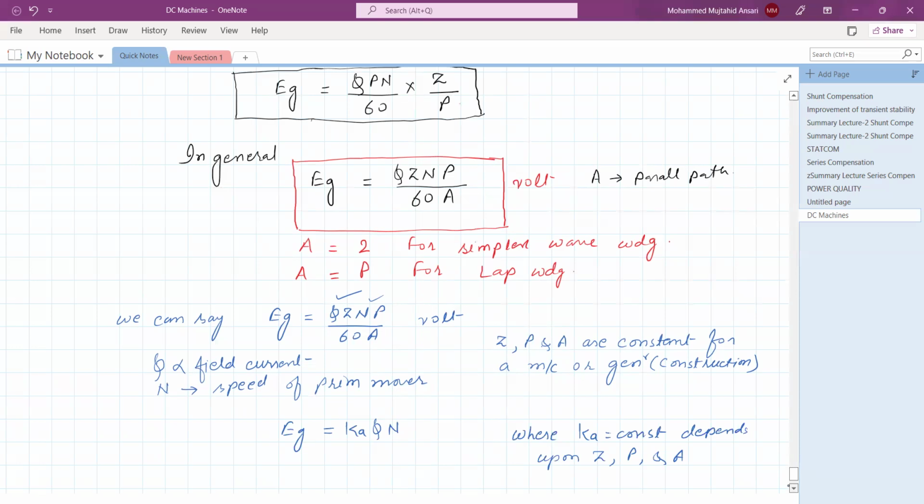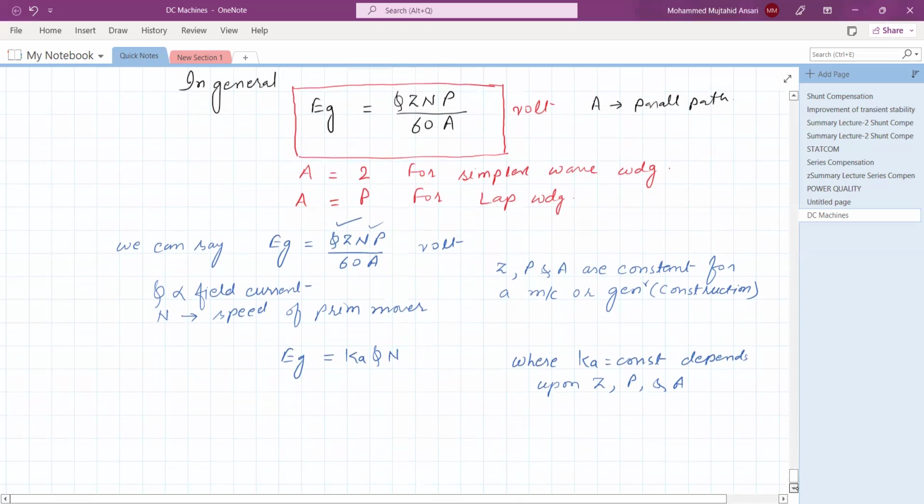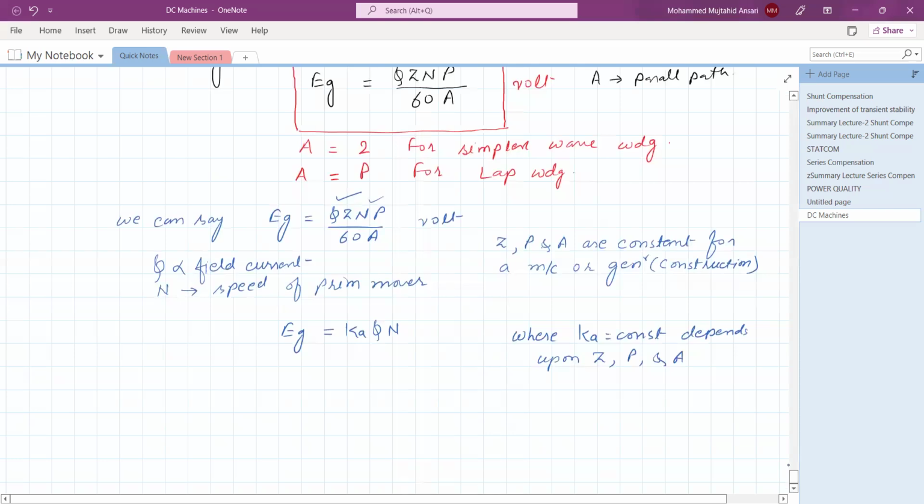Or if we keep the flux constant and vary the speed, the EMF is going to change. It is just for discussion, and will be discussed in detail. If the speed is constant for a particular DC generator and we vary the field current, the EMF generated also varies.